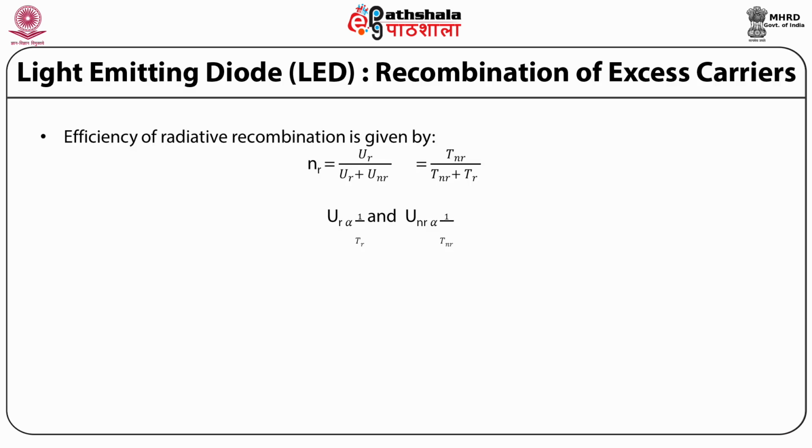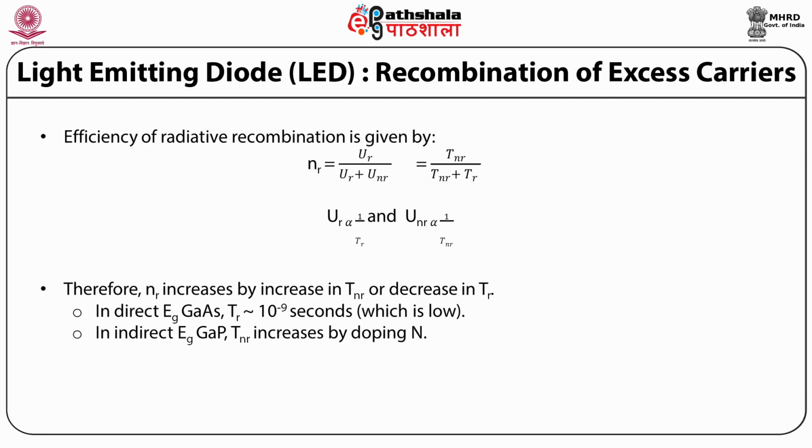UR is proportional to 1 by TR and UNR is proportional to 1 by TNR. Therefore, eta R increases by an increase in TNR or a decrease in TR. So, in direct Eg gallium arsenide, TR is approximately 10 to the power minus some seconds, which is very low. In indirect Eg gallium phosphide, TNR increases by nitrogen doping.